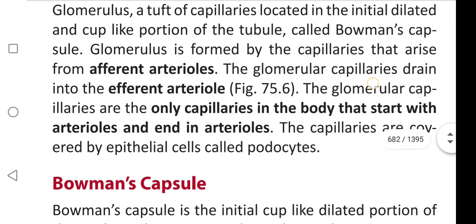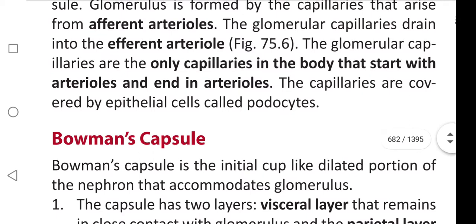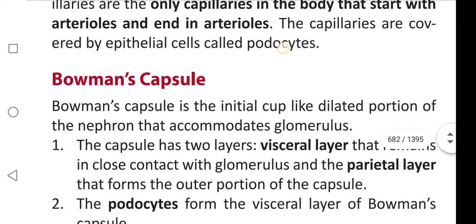Okay guys, glomerular capillaries are the only capillaries in the body that start with arterioles and end in arterioles. The capillaries are covered by epithelial cells called podocytes, and these capillaries, that is the glomerulus, are covered by epithelial cells called podocytes.